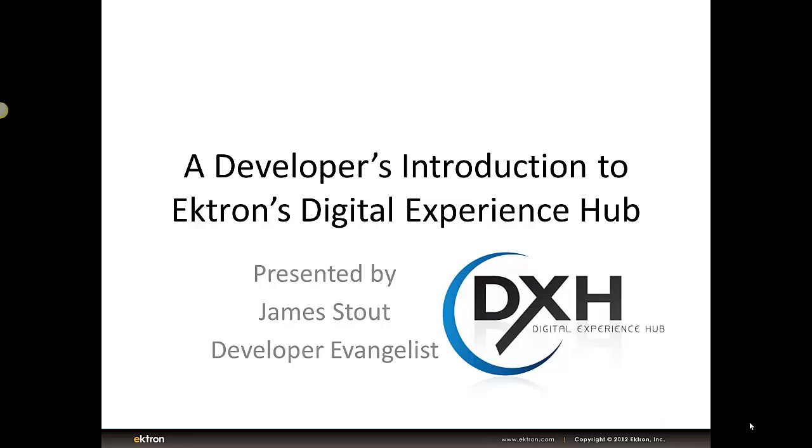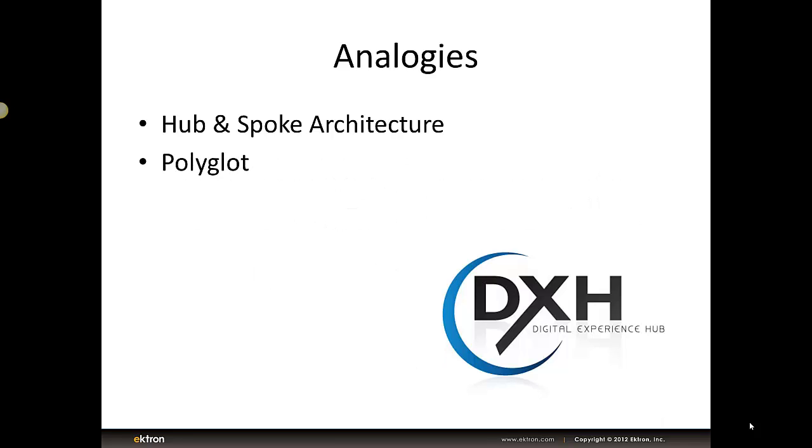Okay, so let's begin. I'd like to start with helping to define what the Digital Experience Hub is. And for that, there are a couple of analogies that I've seen. The second one is actually my favorite, but the initial analogy that I heard about it was sort of a hub and spoke architecture.